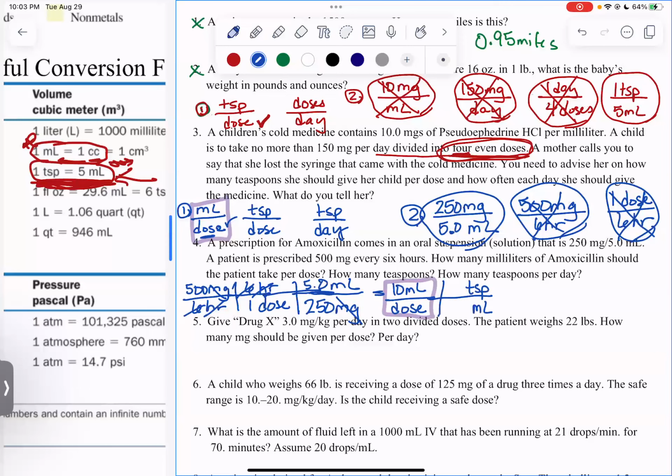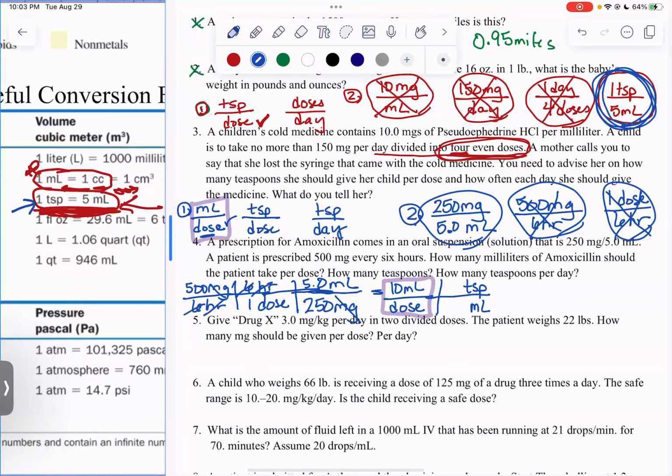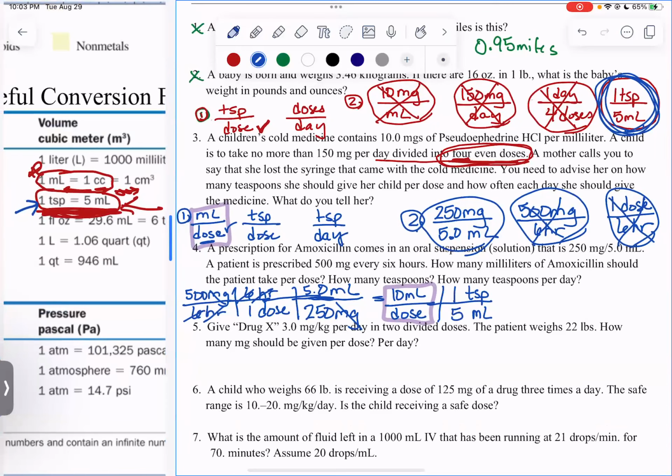Just like we used in the last one, in 1 teaspoon we have 5 ml. So 10 divided by 5 gives me 2 teaspoons.